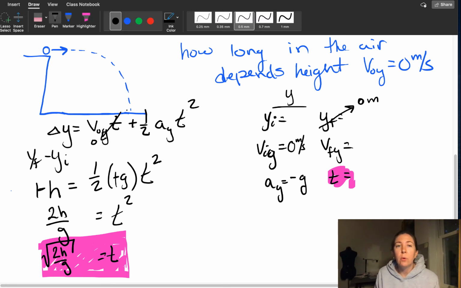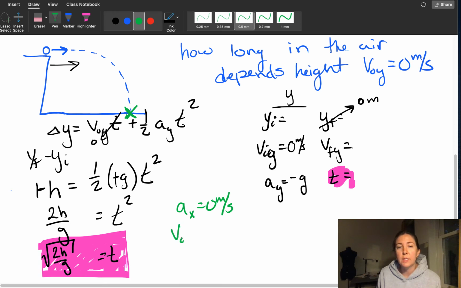And so if we wanted to find the range, how far it landed, here's the x information that we know. The acceleration in the x direction is 0. That means the initial velocity in the x direction is the final velocity in the x direction, which I'm just going to call Vx.